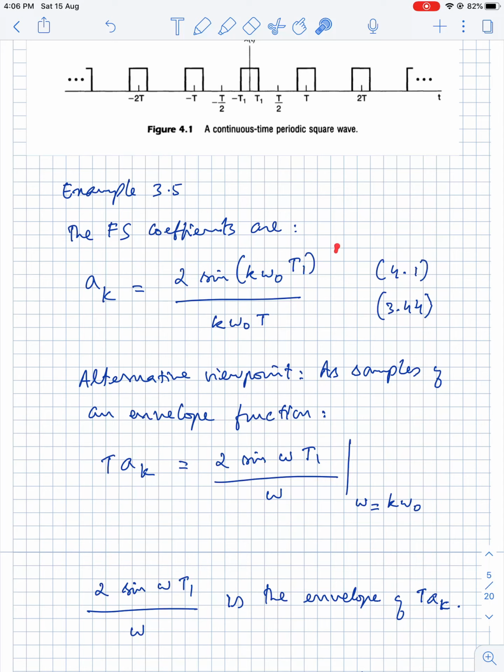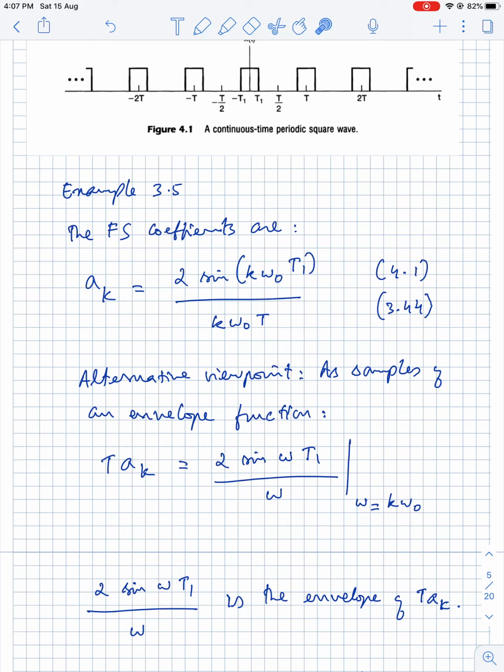So consider this now as a function of omega. If you bring the T to this side, T a_k becomes nothing but 2 sin(omega T1) by omega, which is the same thing here, except that omega is evaluated only at k omega naught, at discrete instances where k takes the values 0, plus or minus 1, plus or minus 2, and so on, and omega naught is the fundamental frequency of this periodic signal.